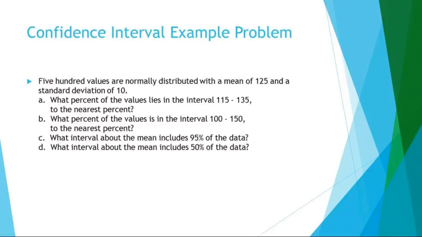Now here are some confidence interval example problems. We have 500 values. They're normally distributed with a mean of 125 and a standard deviation of 10. So we want to find what percent of values lies in the interval 115 to 135.